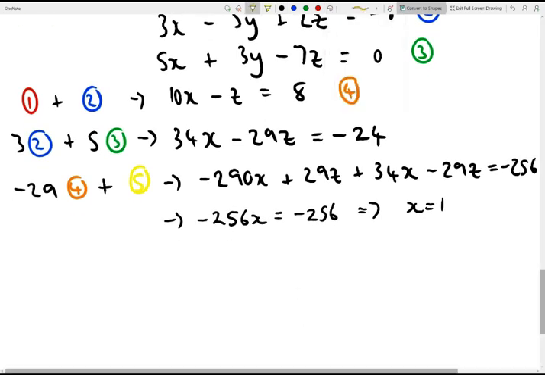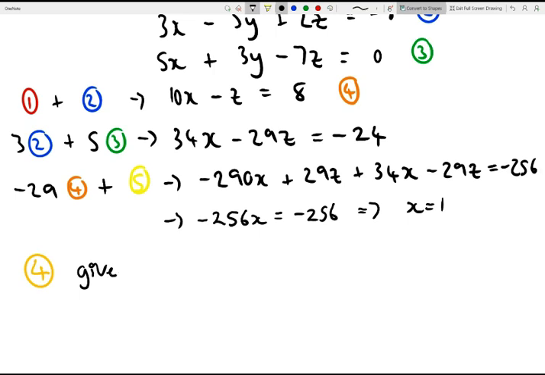Substituting this into equation 4 gives us that 10 times 1 minus 8 equals z, which is 2.